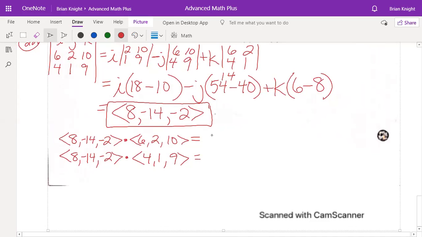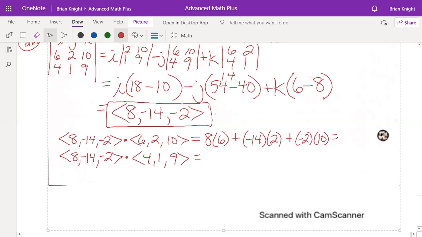Oh, you say right there where it says 54 minus 40? Did you say that negative tagged on? So it does. 54 minus 40 is 14. All right. So 8 times 6 plus negative 14 times 2 plus negative 2 times 10.